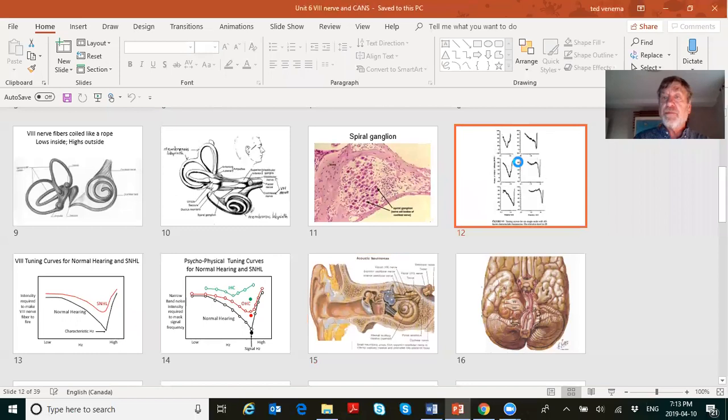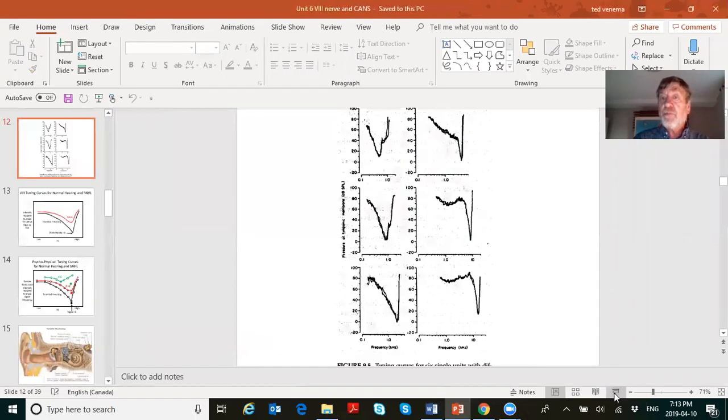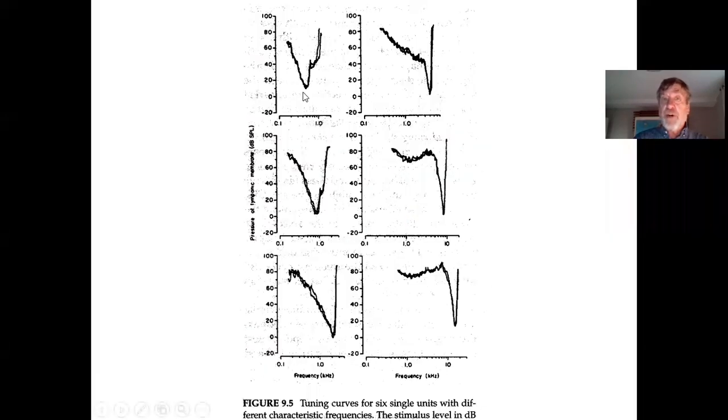Eighth nerve tuning curves. Okay, this fiber, or this fiber, or this fiber, this one, or this one. The tuning curves show at what frequency, follow my cursor, the fewest decibels are required to get that neuron fiber to increase its firing rate.